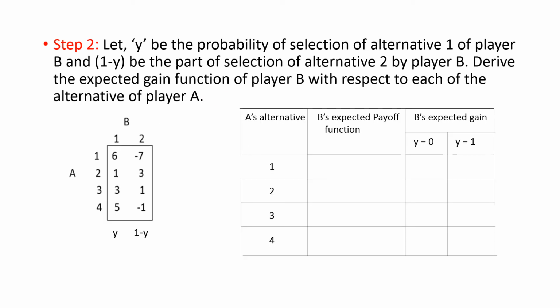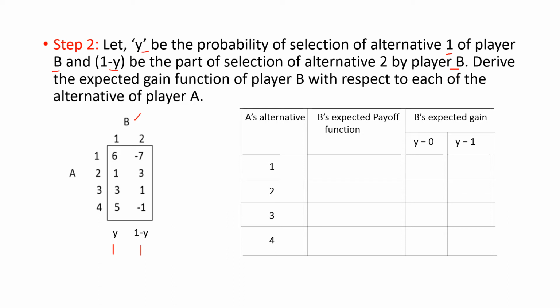Step 2: let y be the probability of selection of alternative 1 of player B and 1 minus y the probability of selection of alternative 2 by player B. In the last one, the 2 cross n game, we had x and 1 minus x, and that was for player A. Here for player B, we give the probability for the first strategy as y and the other one as 1 minus y.